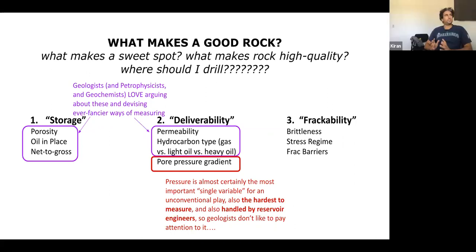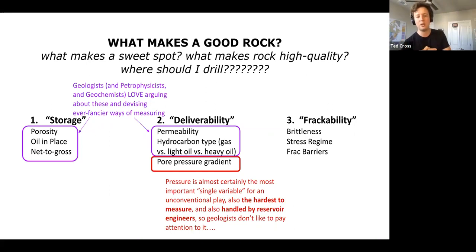Well, in some ways it's easy to measure though, because that's just like the drilling mud weight, right? Yeah, but that's a proxy for it. I have a note on that coming up later, but in a conventional reservoir, you can use mud weight, or they actually have a little measurement tool that they drop down the hole and put on the side of the rock that can measure the permeability or the pressure.